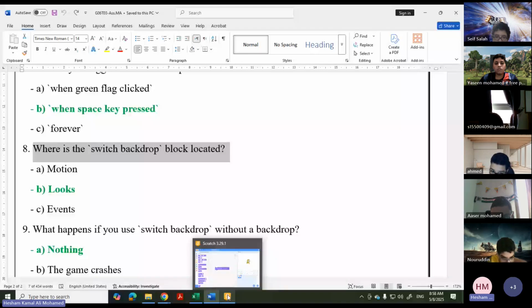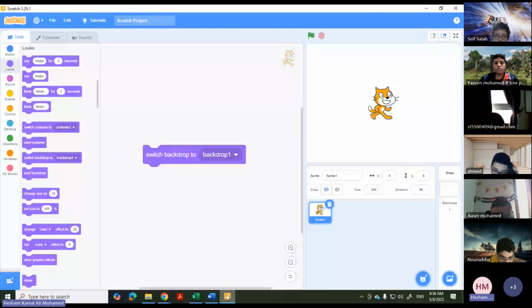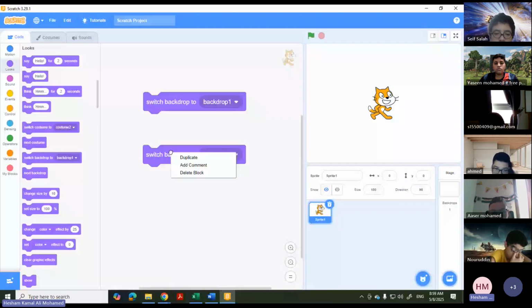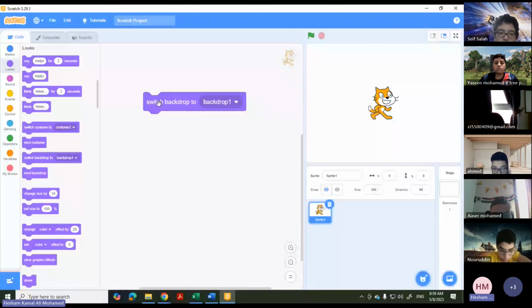I'm going to the Looks. As you can see, switch backdrop is here, and I got it here for you. Switch backdrop to whatever the backdrop is. Switch backdrop, you can find it in the Looks category.